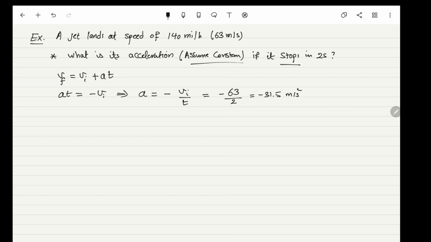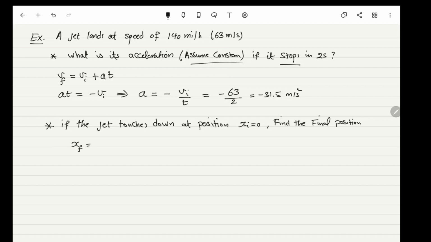meters per second squared. If the jet touches down at position x initial equal to 0, find the final position. To find the final position, x final equals x initial plus half times v final plus v initial, times t.